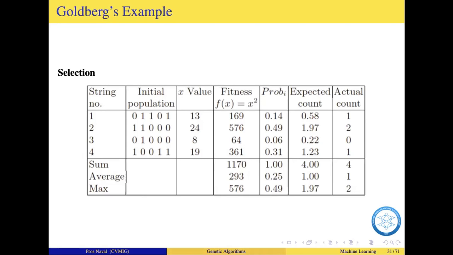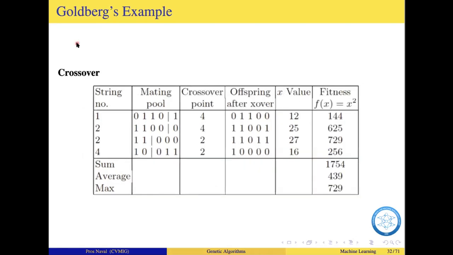Now let's do the crossover. Again, these are the values above on the previous slide, but this time we ask the random number generator, give me a number between 1 and 4. The random number generator says 4 for these two.